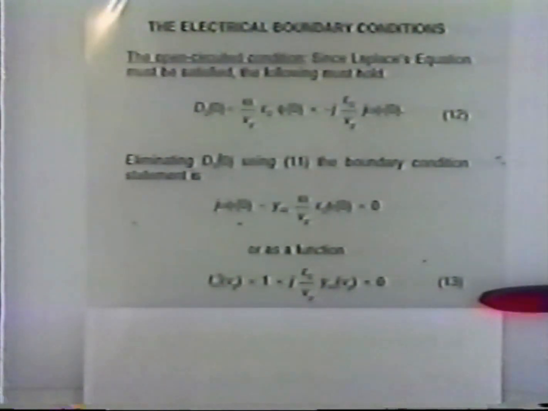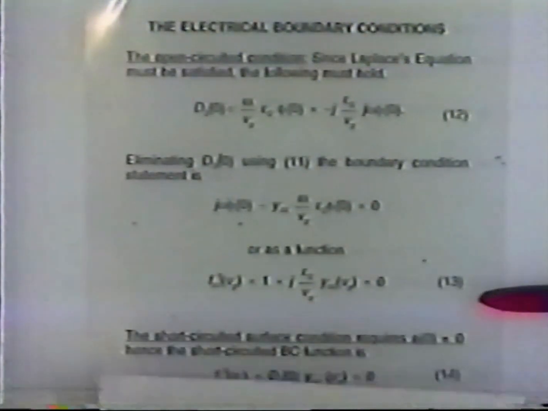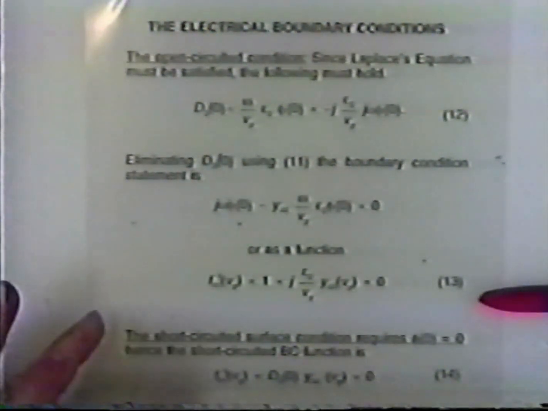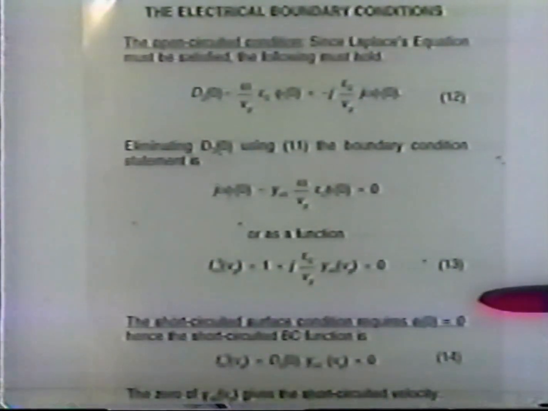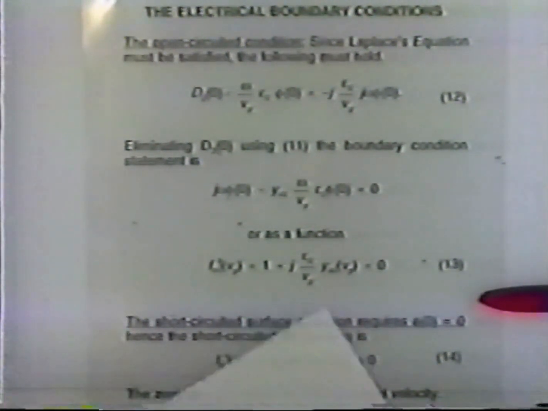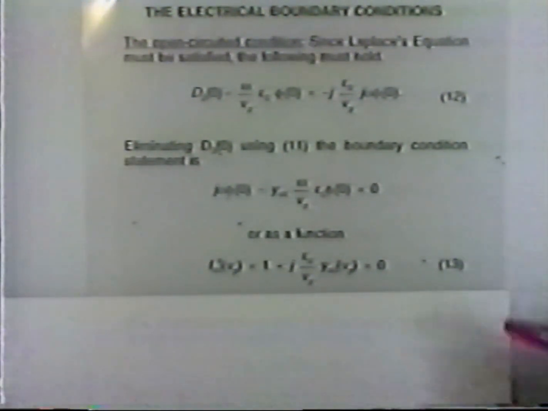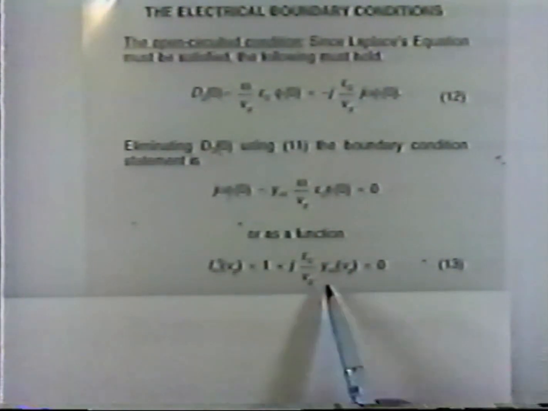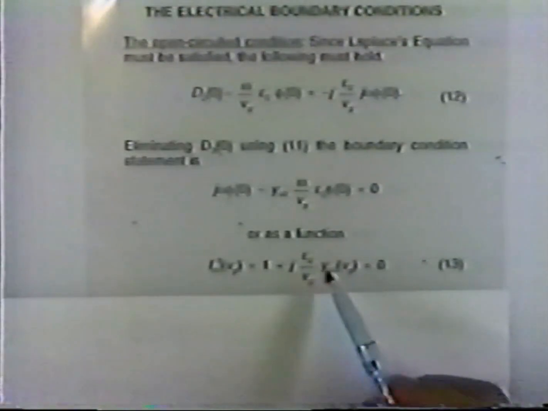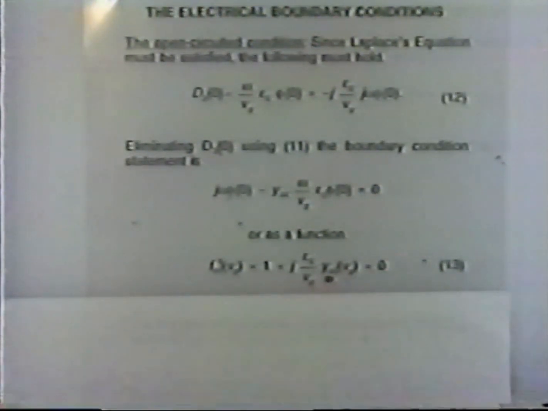What is important to see is that this 44 element of this Y matrix that we talked about on the previous page comes in again, but it comes in with an added term. So what you have to do in order to find what I'll call the open-circuited boundary condition, you have to find the phase velocity which is going to make this expression, when you put it into this equation, vanish.